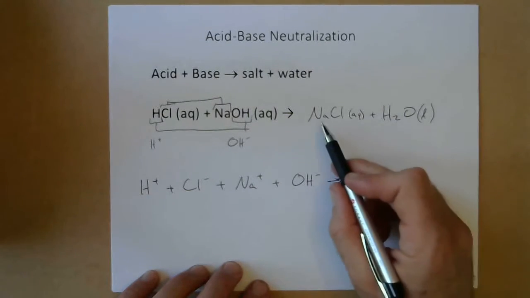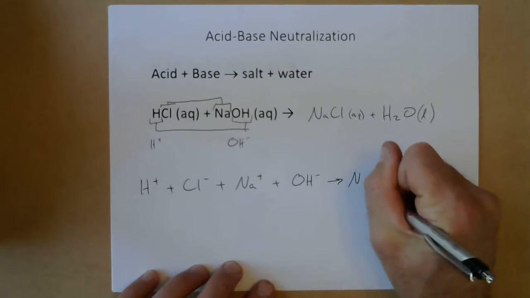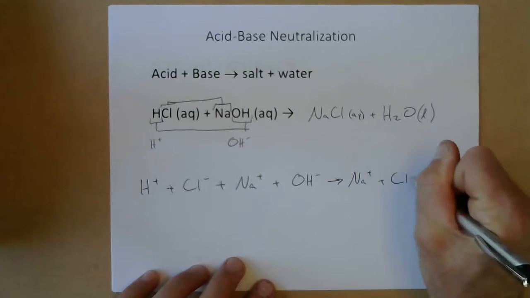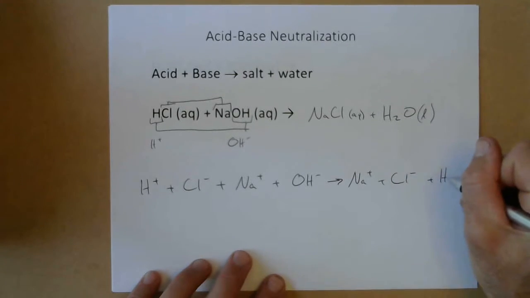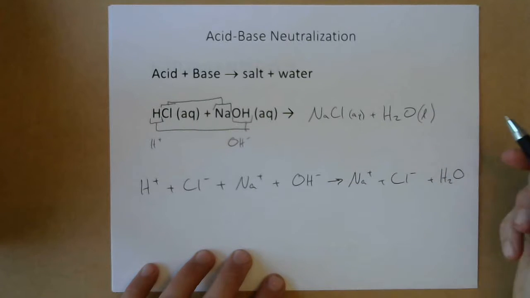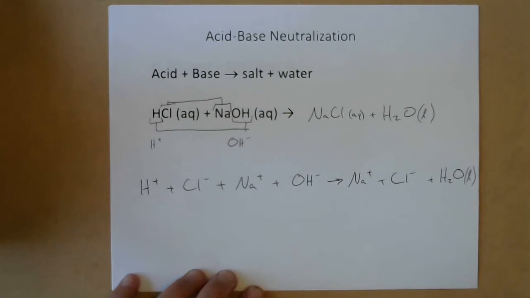And then over here on the product side, sodium chloride is very soluble because it contains an alkali metal, so sodium ions and chloride ions. And then H2O is a liquid, it stays together. Water doesn't dissociate to a large extent, so that would be remaining as a liquid.